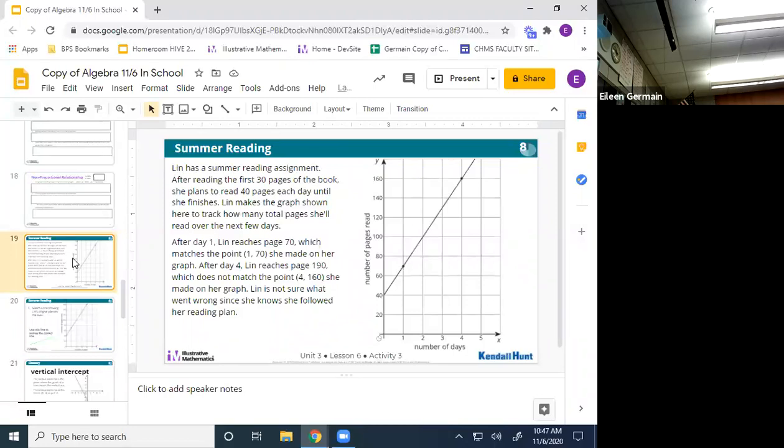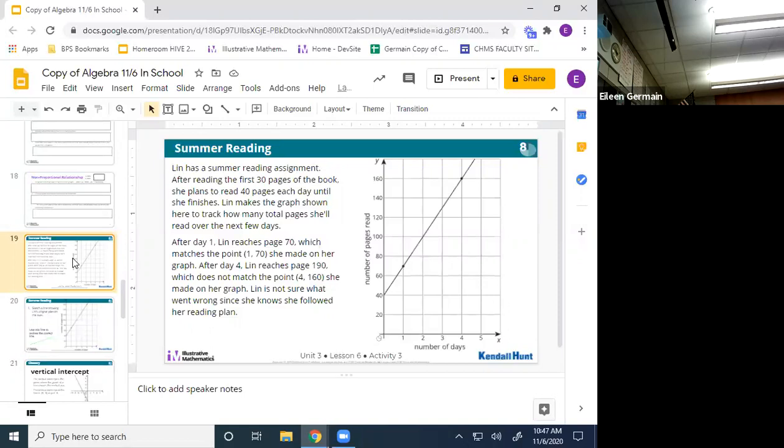After reading the first 30 pages of the book, she plans to read 40 pages each day until she finishes. Lynn makes this graph here to track how many pages she'll read over the next few days.